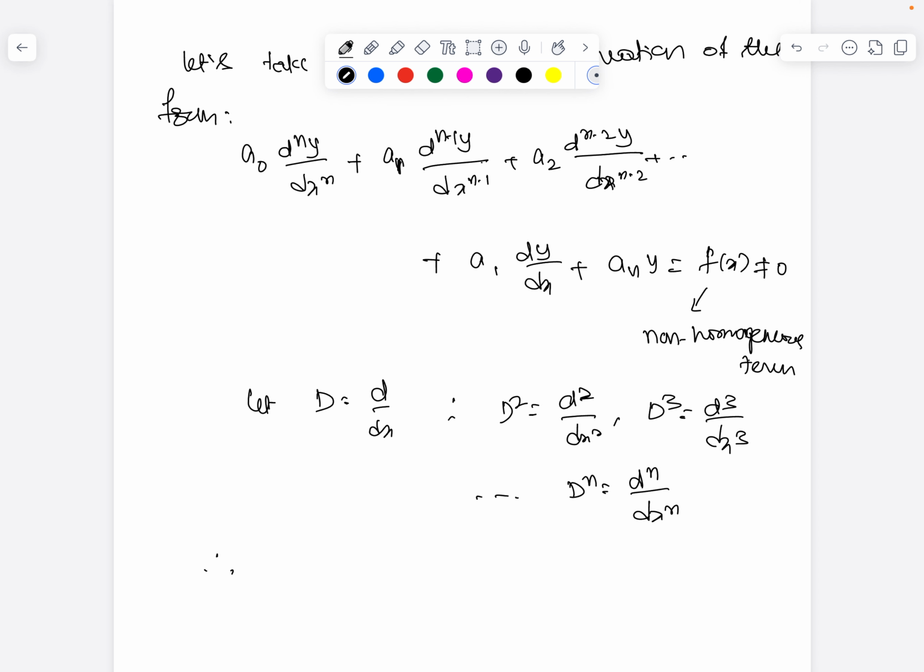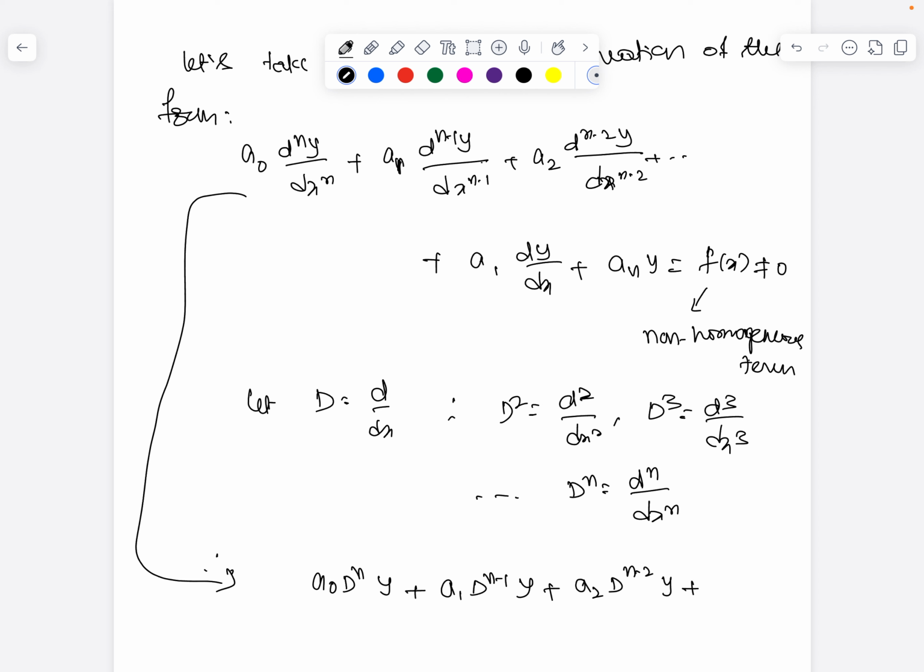Therefore, the given equation now becomes a0 times the nth derivative of y, plus a1 times the (n minus 1)th derivative of y with respect to x, a2 times the (n minus 2)th derivative of y with respect to x, and so on and so on.